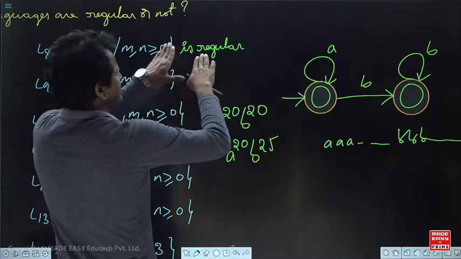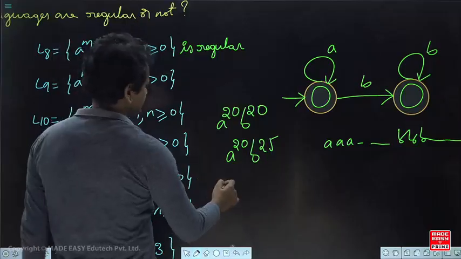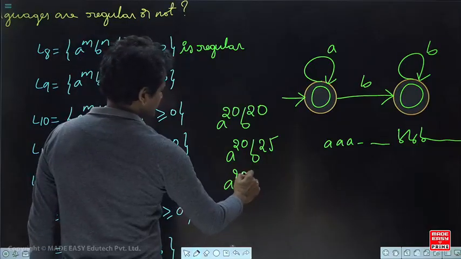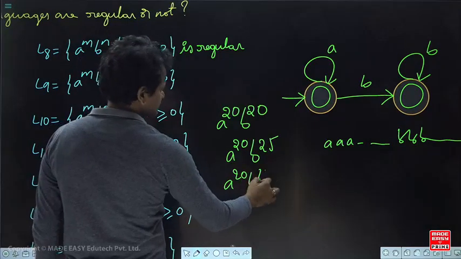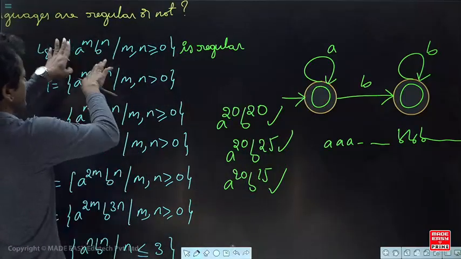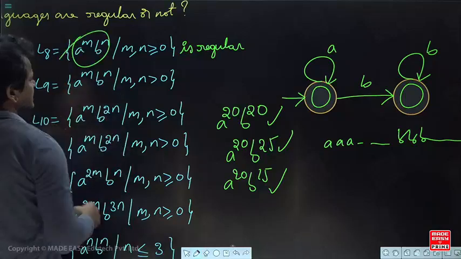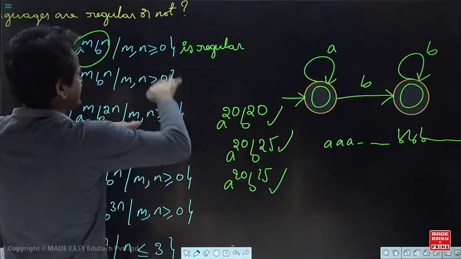A's any number, B's can be the same number, or B's can be more, or A's can be more. Suppose A's are 20, B's can be lesser also. All these are valid. You need not compare A's and B's. A's can be any number, B's can be any number.